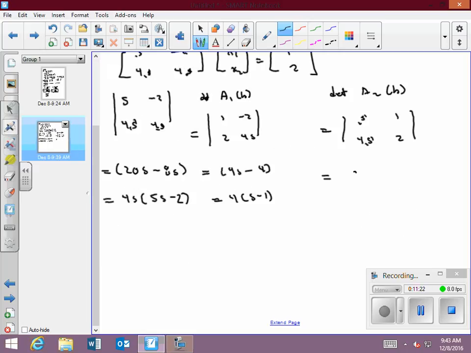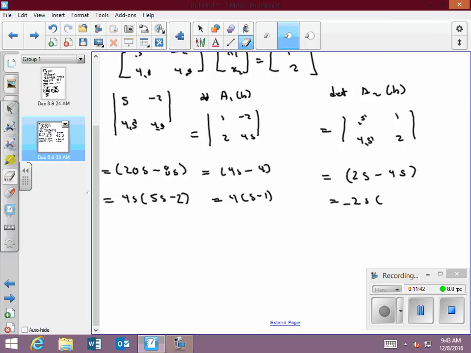So this is 2s minus 4s, which is just minus 2s, because if we got 2s and we subtract 4s, we get a negative 2s.